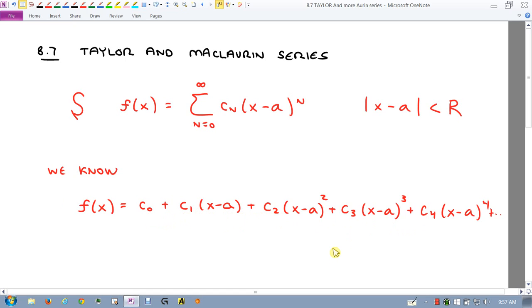It's always going to be the constant, c sub 0, then x minus a to the first power, then the second, third, fourth, regardless of the function, right? They're always going to have the similar power thing happening. But the constant's the thing that's really dictating what this is going to look like. So how do we find the constants became the question, all right?